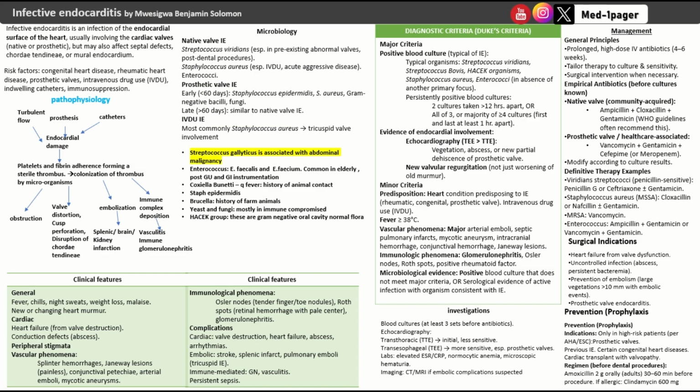So he has very many features of the criteria. A diagnosis of infective endocarditis was made, and the management was continued. Cultures were withdrawn, and he was started on empiric antibiotics.